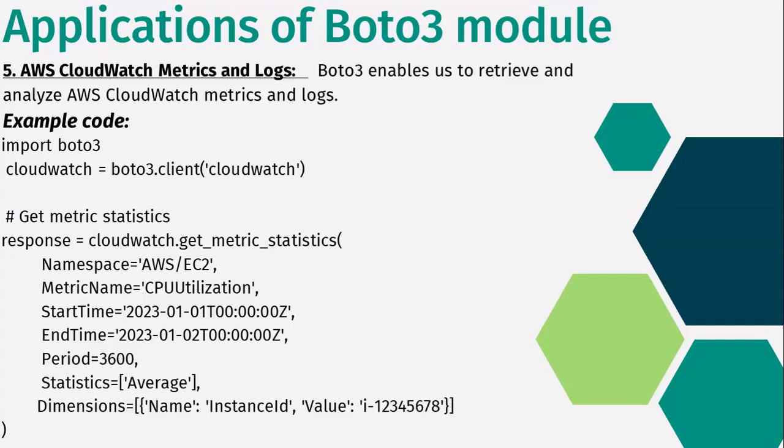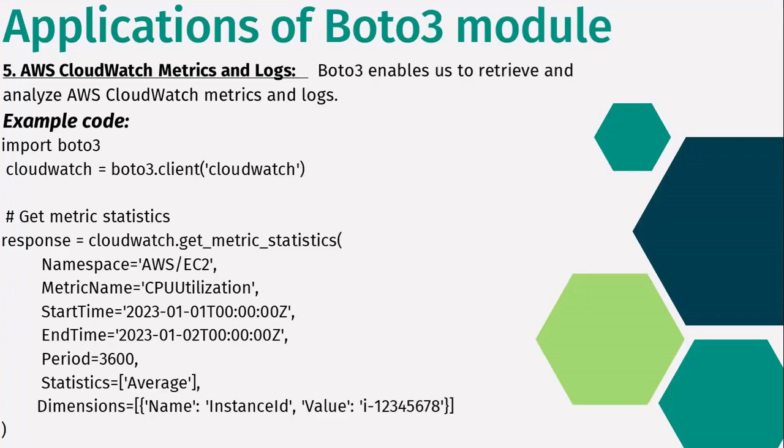In this case, the namespace used is AWS/EC2 and the metric name used is CPUUtilization. StartTime and EndTime define the time range for which you want to retrieve the metric statistics. Here the start time is 2023-01-01 and the end time is 2023-01-02.